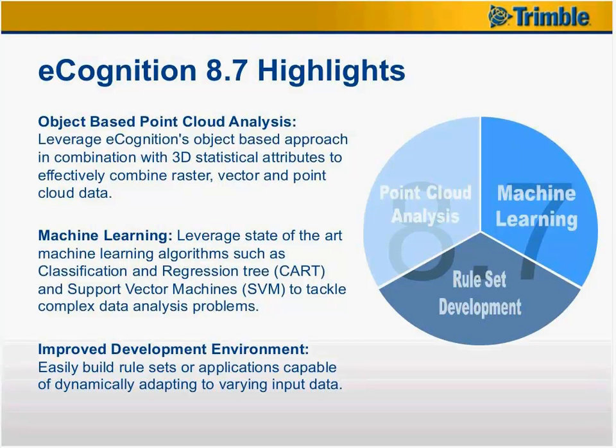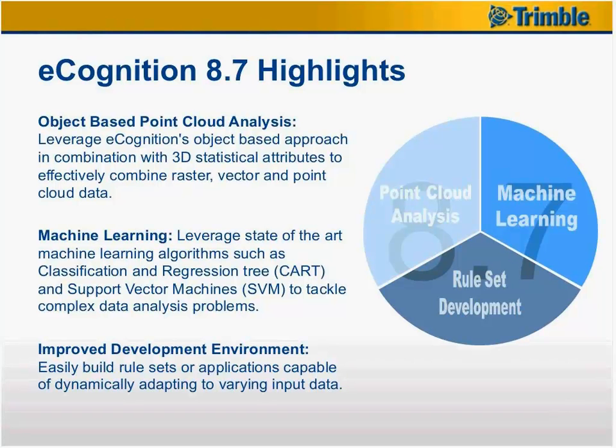As you probably know, our current version is eCognition 8.7, and the 3 main highlights are the new object-based point cloud analysis capabilities, the new sample-based classification algorithms, and the new array data structure.